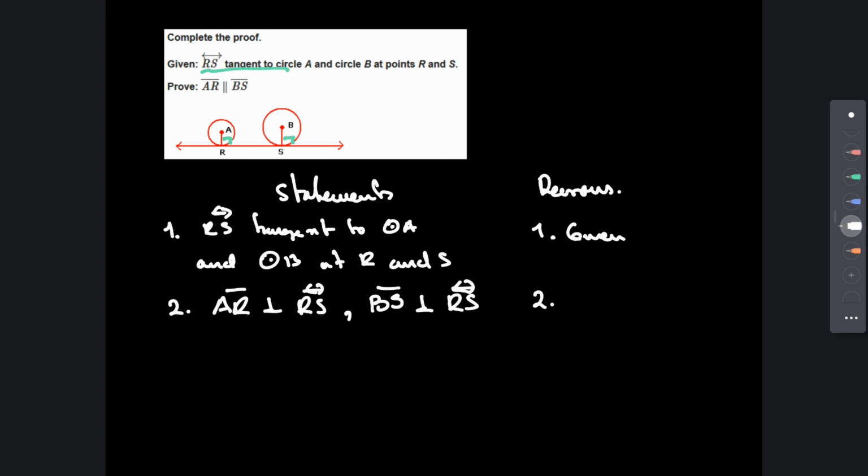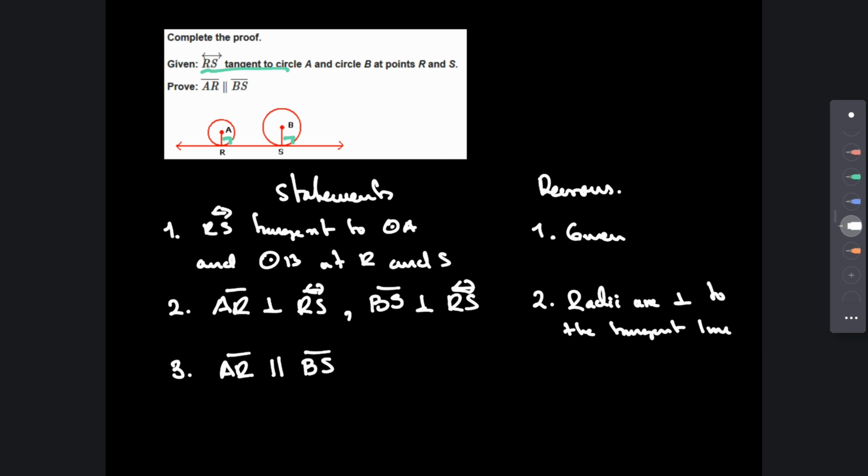In this case, we are not going to talk about the diameter. We're talking about the radius. So radii, because both are perpendicular to the tangent line, right? I'm not going to write RS again. So number 3, since they are perpendicular to the same line, by the same theorem that we used in the previous proof, segment AR is parallel to segment BS, right?